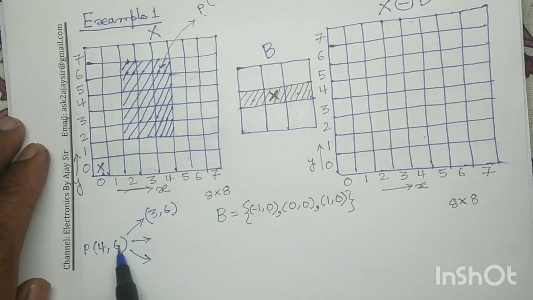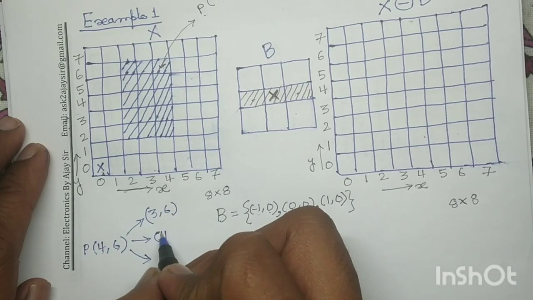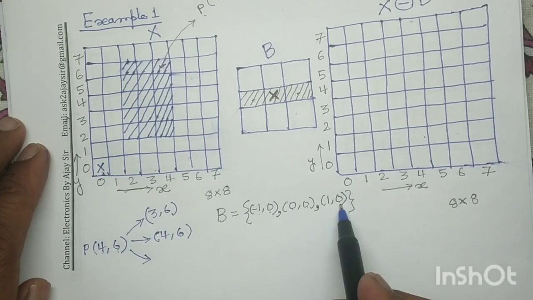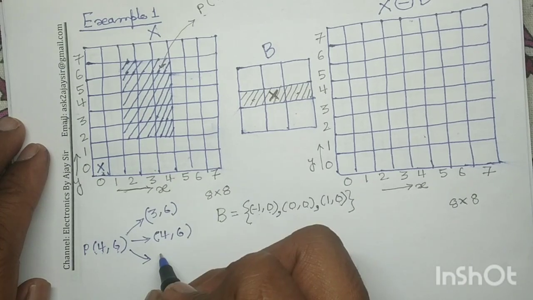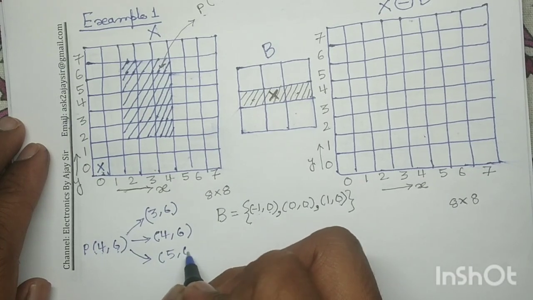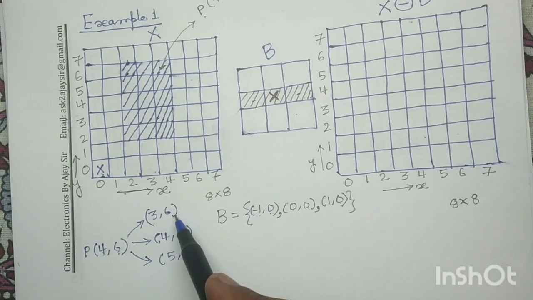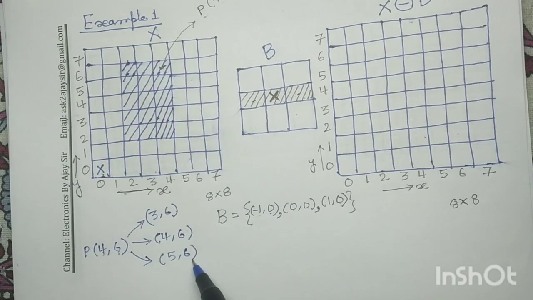Similarly, 4, 6 with 0, 0 gives 4, 6. And 4, 6 with 1, 0 gives 5, 6. Now we will check whether these 3 pixels, 3, 6, 4, 6 and 5, 6, are part of the object pixels or not.